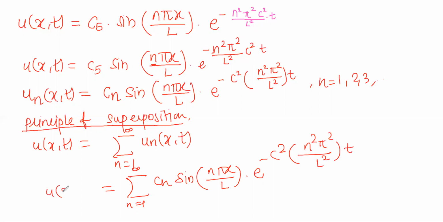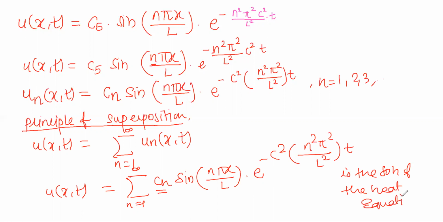That is my u of x,t. And now we have to find out this Cn. What is this Cn? To find it, we have to use another condition that is given to us. So this is the solution of the heat equation.